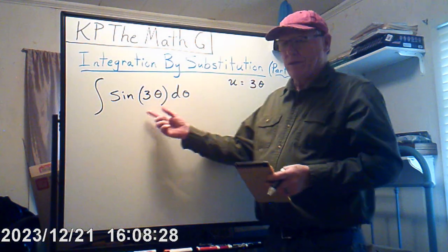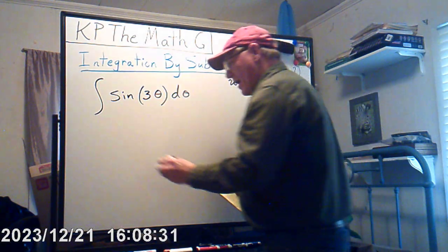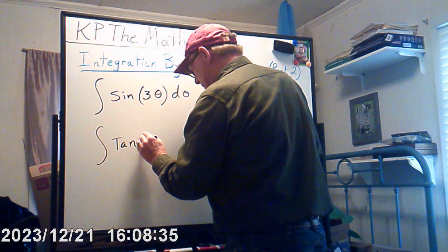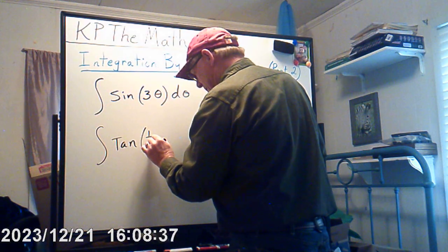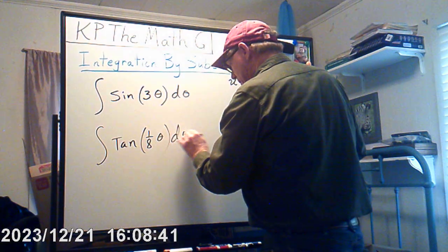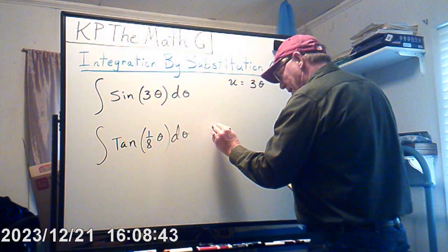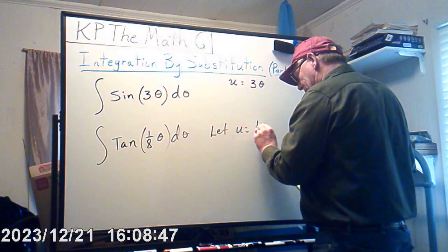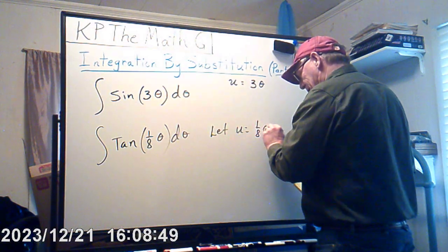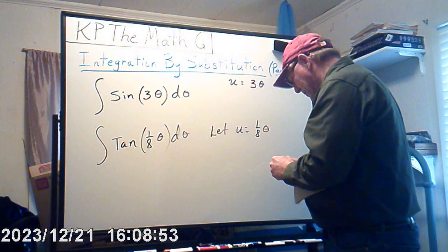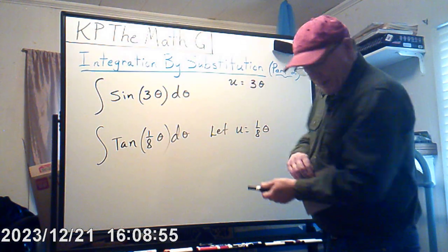It doesn't matter what you have here. I could have had something like tangent of 1/8 theta, d theta. In this case, I'm going to let u be equal to 1/8 theta. We're not doing that particular one, but just get the idea.